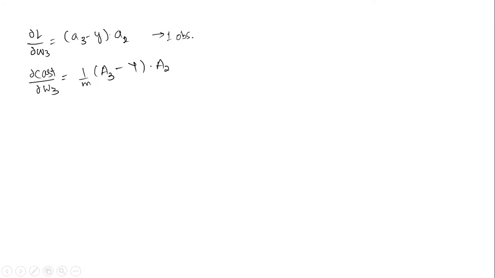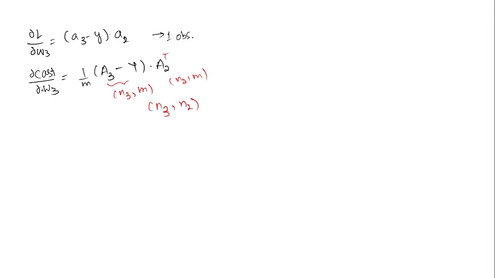Now we didn't consider the dimensions of these. If you see, the dimension of this A3 and Y are both n3 comma m, and this is n2 comma m for A2. So we cannot multiply these two, so we will need to take the transpose of it, and once we take the transpose we will get the final dimension as n3 comma n2.